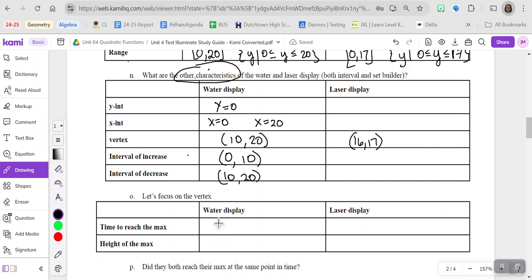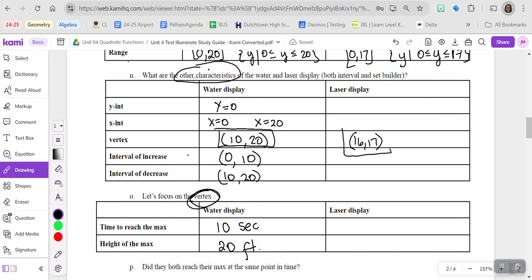So for the water display, let's focus on the vertex, which is this one right here, 10, 20. The time to reach the maximum is the x value, so that's 10 seconds, and the maximum height is 20 feet.